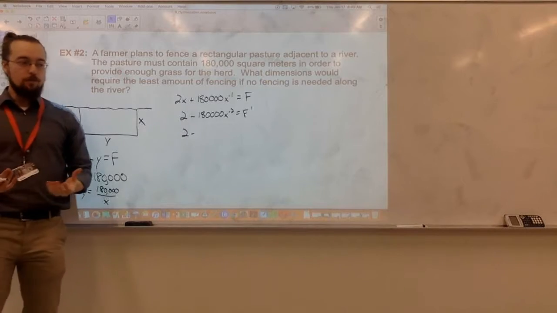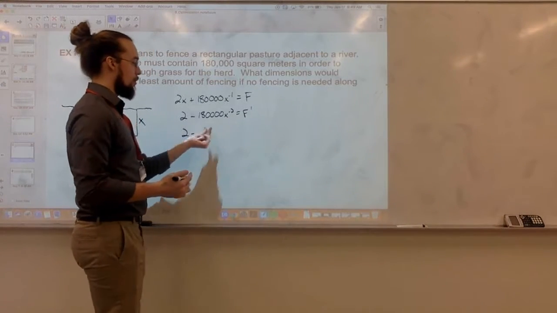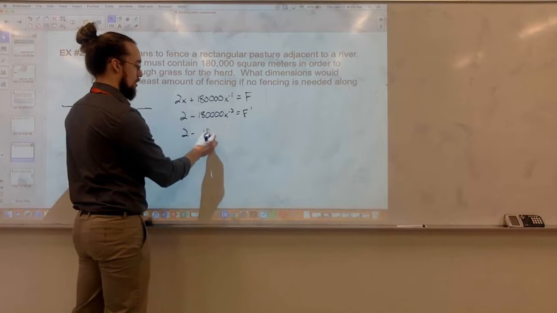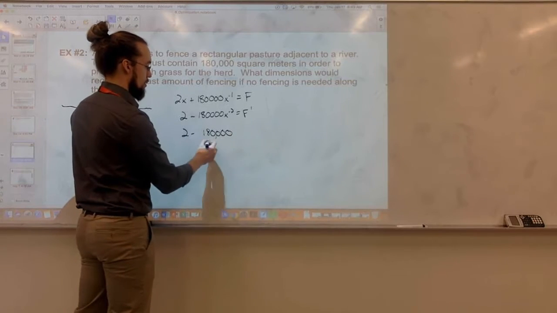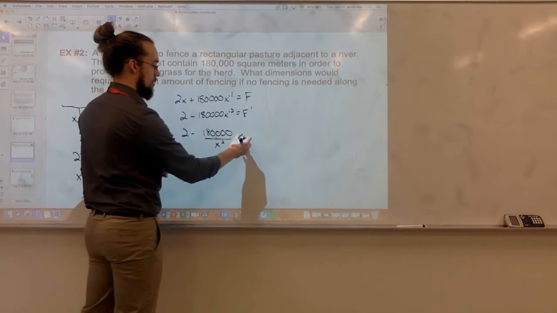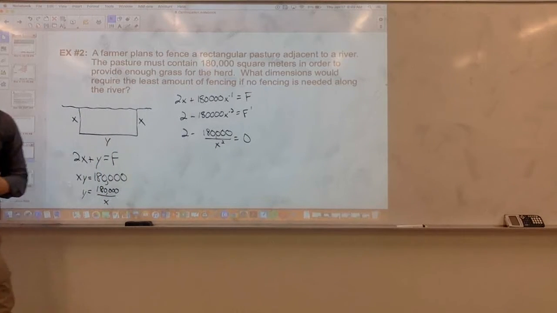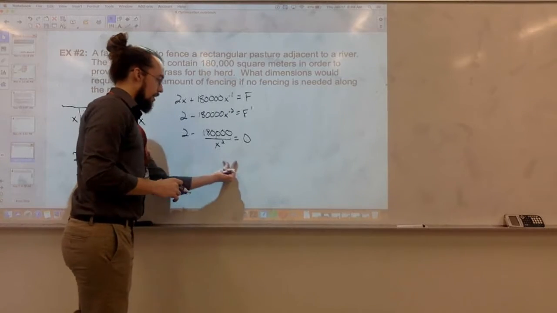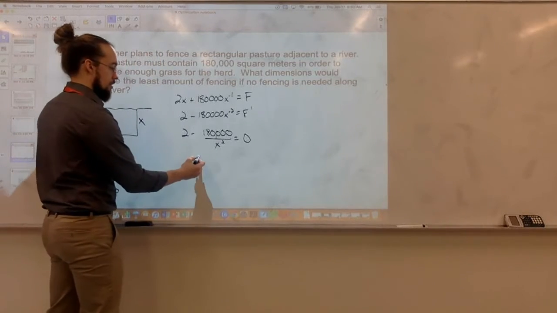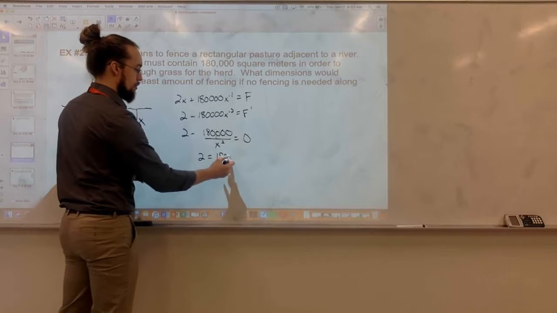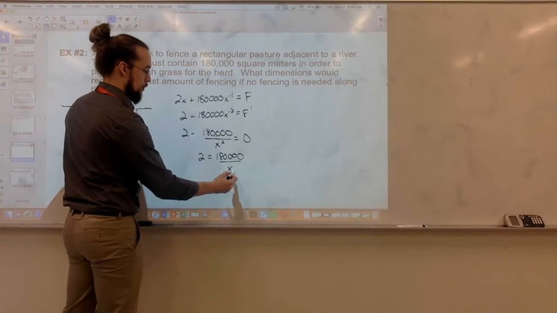When we're actually solving an equation, I think it's easier to bring this back to the denominator and say this will be 180,000 divided by x squared. If I take one of these to the other side, I would just end up with 2 equals 180,000 over x squared.